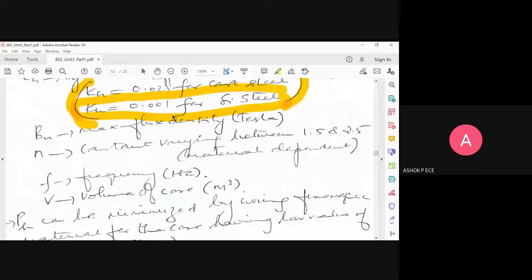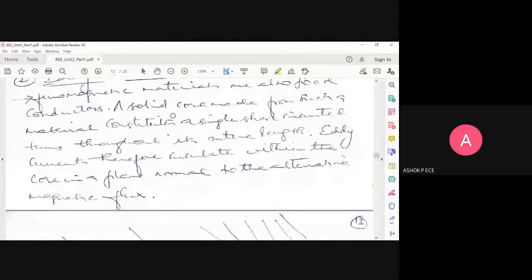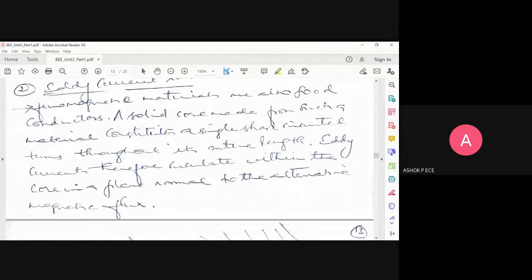Second loss is eddy current loss. So eddy current loss means, you see, we are going to use ferromagnetic materials in the transformer. Ferromagnetic means when you pass current, they should produce magnetic field. So when you are going to use ferromagnetic materials, they are also very good conductors. So they conduct very quickly because they have the property of ferromagnetic magnetism inside them.